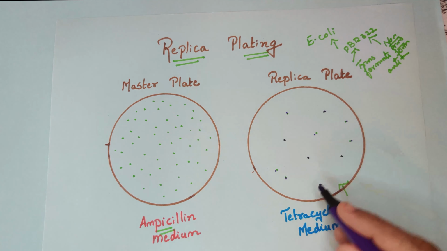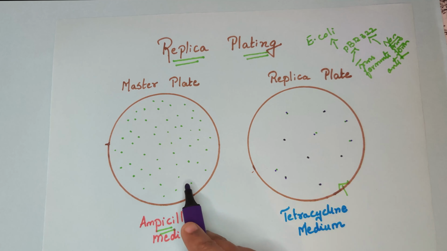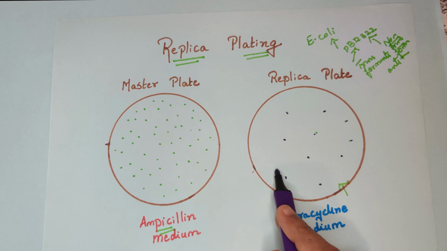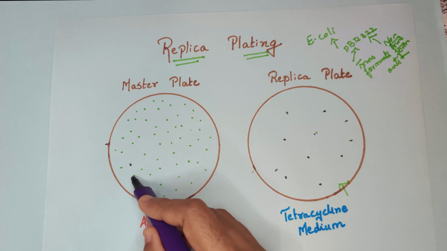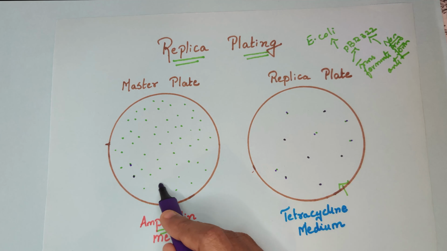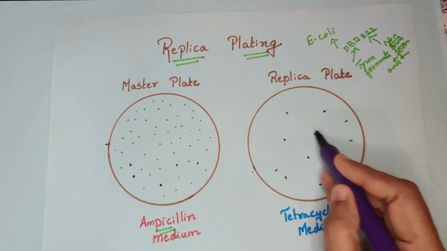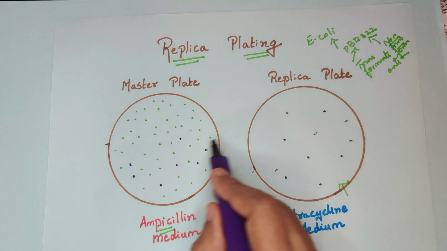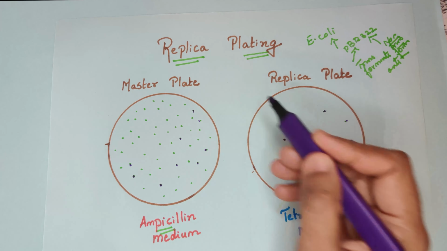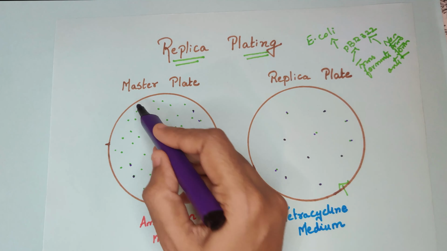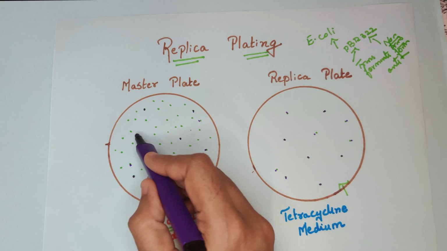Now what we are going to do is go back to the master plate. This is a non-transformant, so we can take this as non-transformant, non-transformant. This is non-transformant. So you just have to compare these two plates. That is why they say it is a cumbersome procedure, because we are comparing two plates over here.